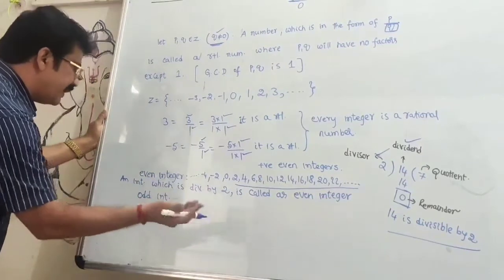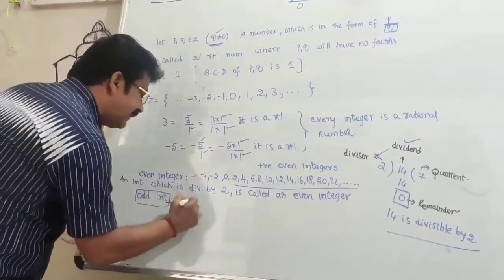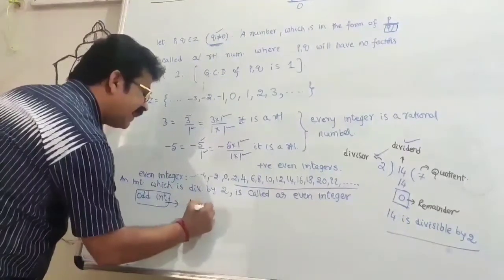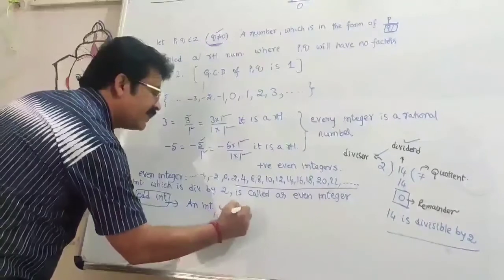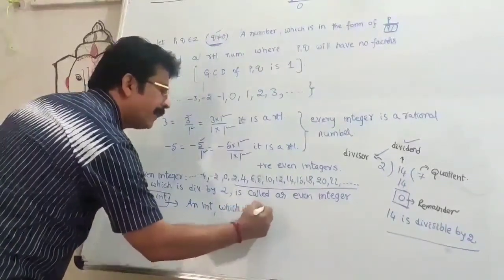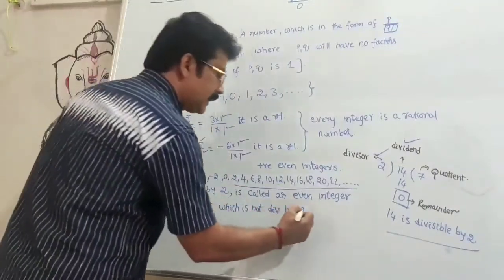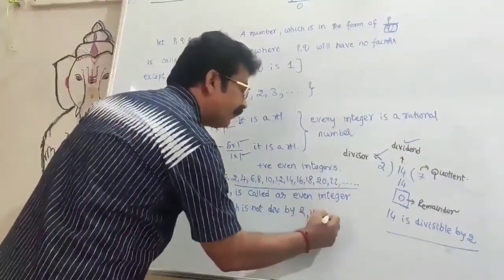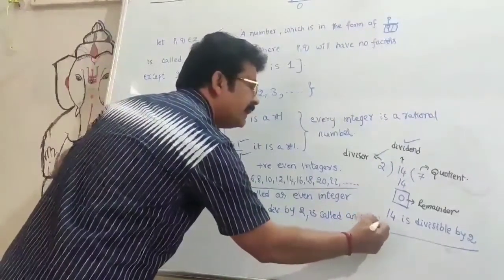Odd means the negative meaning. An odd integer means an integer which is not divisible by 2 is called an odd integer.